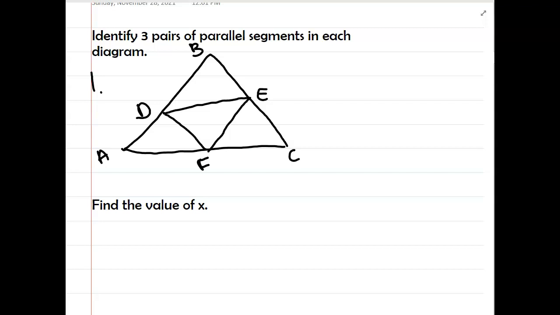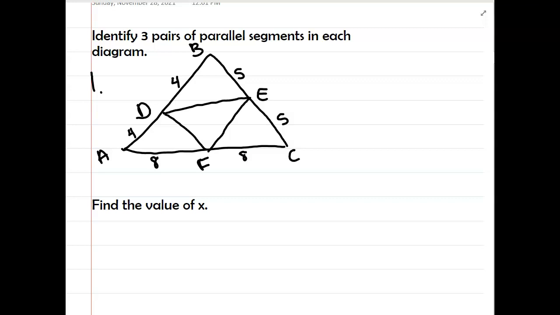The other information they may give me may help me decide that it's a mid-segment. So let's say AD is 4, DB is 4, BE is 5, EC is 5, FC is 8, and AF is 8. They still don't just straight out tell me that they're mid-segments, but I know they're mid-segments.